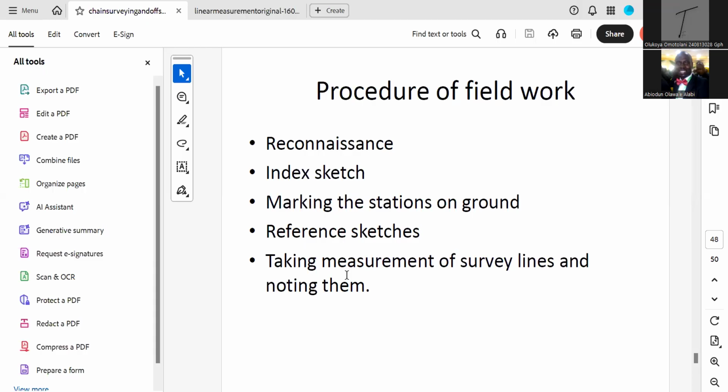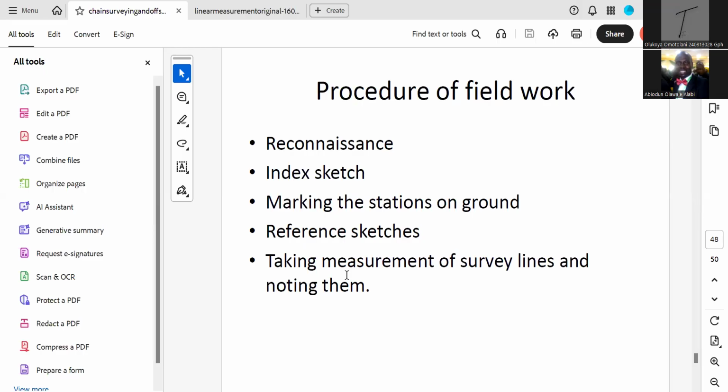You study the environment, you determine how best to carry out this chain survey. In visiting the site in your reconnaissance survey, that will even inform you what type of survey to deploy.